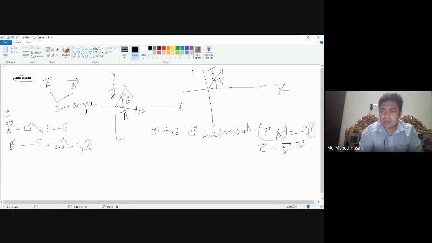Okay, so if two vectors are given, and if the relationship with another vector is given, you can easily find the remaining vector C. Okay, so this is the first question.